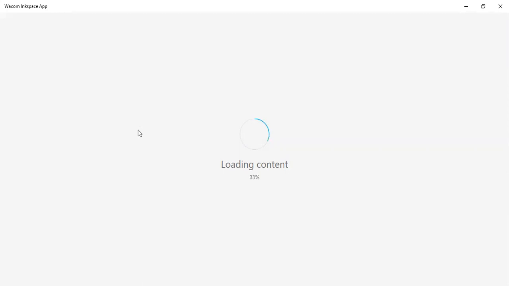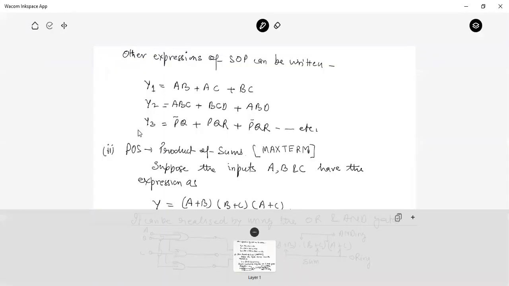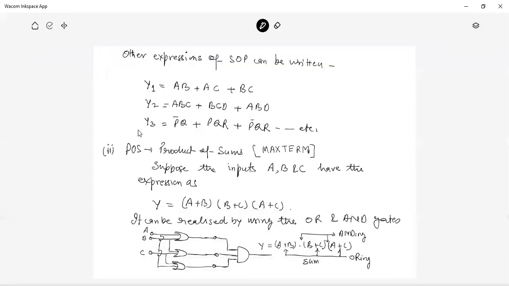Now POS is just the product of sum. So we take the sum first, and then we take the products.